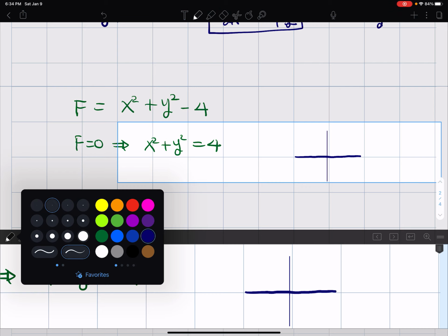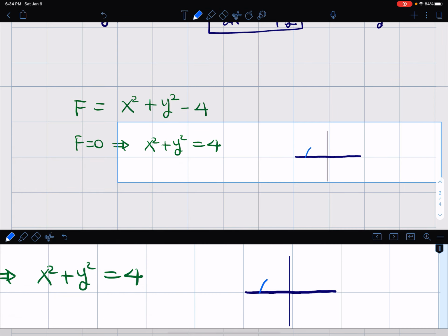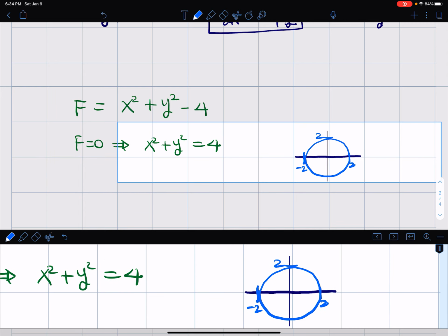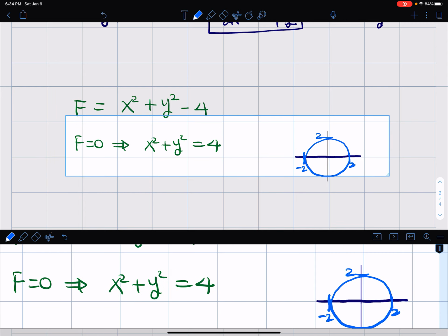All right, so we want a circle like this. This is a circle of radius 2. Now, what I'm saying is that this is not a function of x yet.